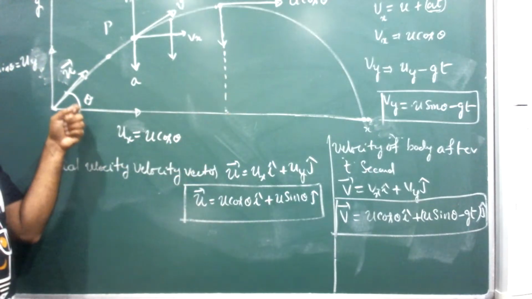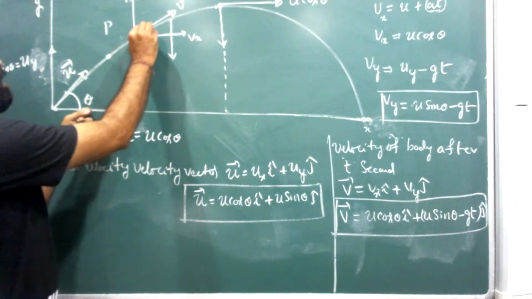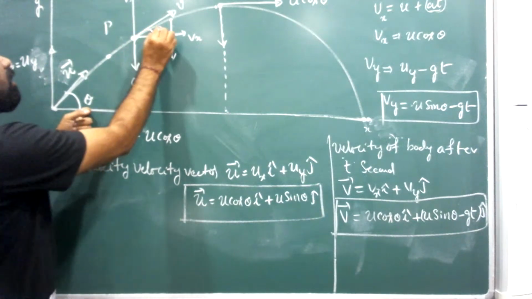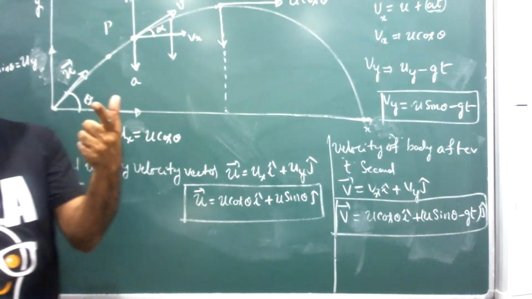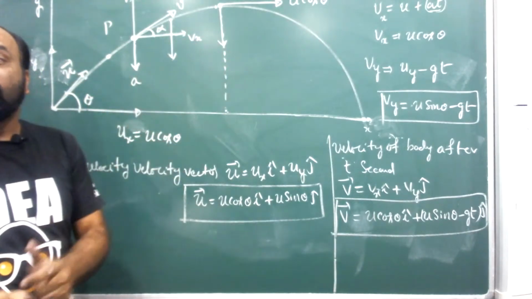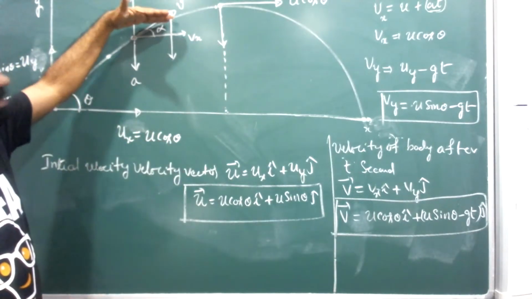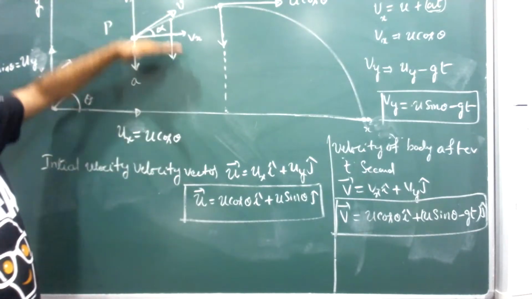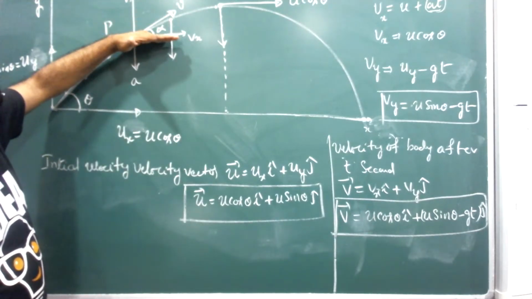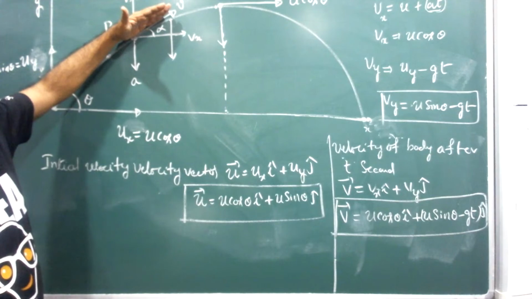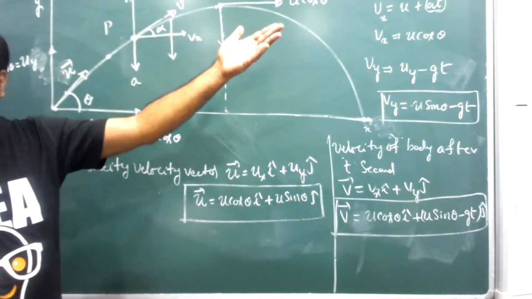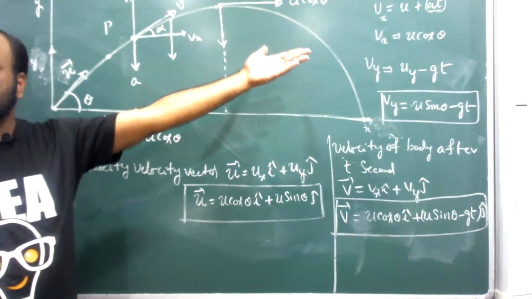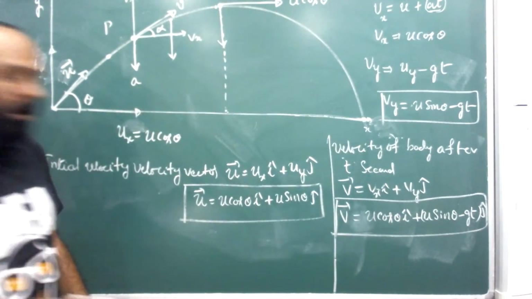Now, initially it makes an angle theta. Here the angle will change. At what angle? Alpha, an unknown value. If they ask after t seconds what is the angle made by the projectile with the horizontal, we have to find the alpha value. Now, tan alpha is opposite side by adjacent side, meaning y component by x component.